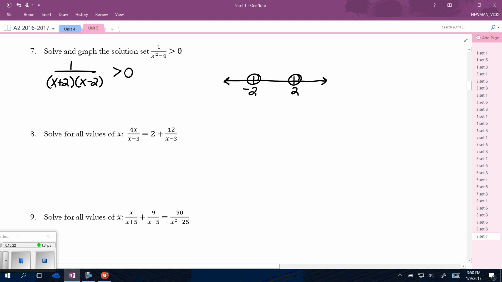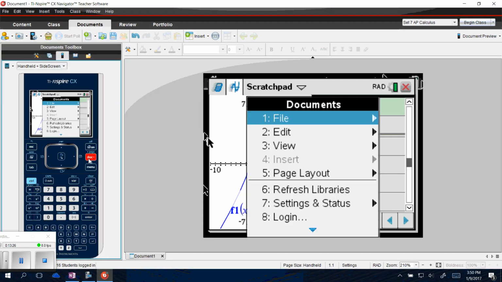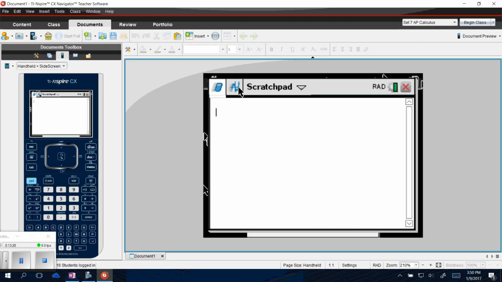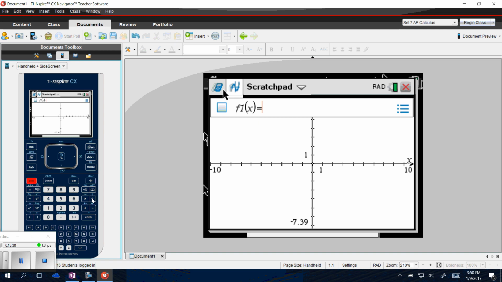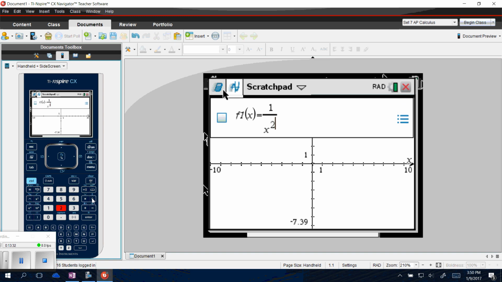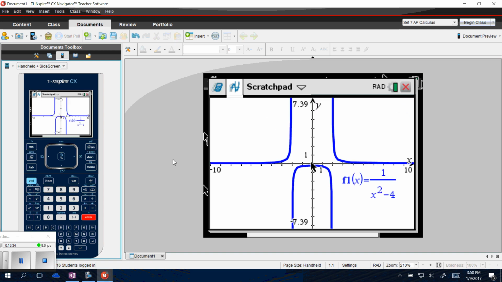Okay. Then go to your calculator and graph it. So I'm going to clear out what I have. All right. To the left of negative 2, my y values are positive. In between negative 2 and 2, the y values are negative. And to the right of 2, the y values are positive.